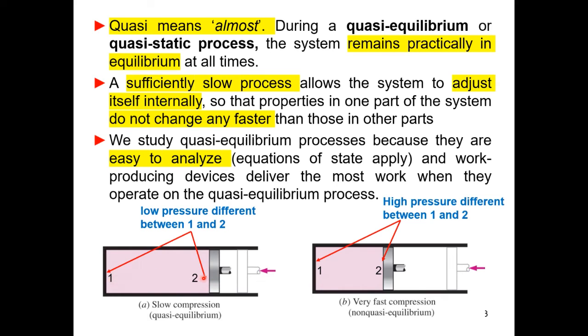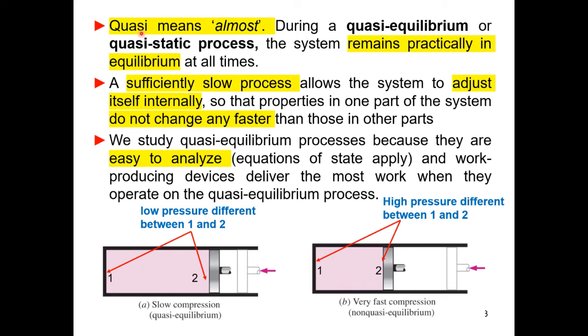A slow movement almost resembles, or almost shows, that it is a static process. Even in our daily life, when things are moving faster, we cannot really capture them.